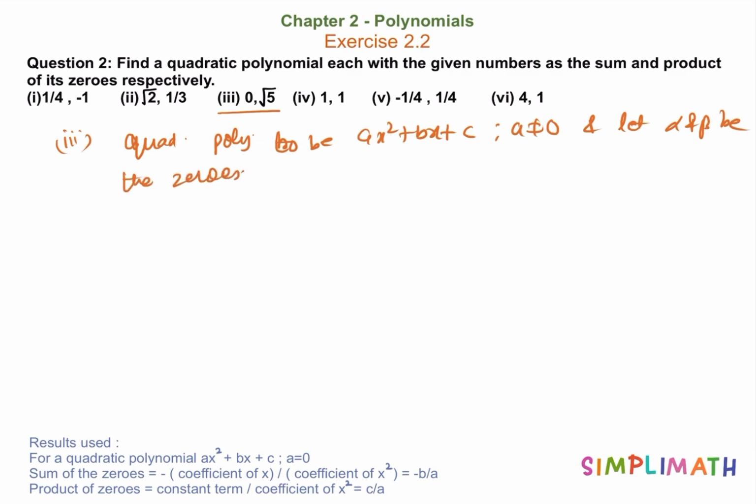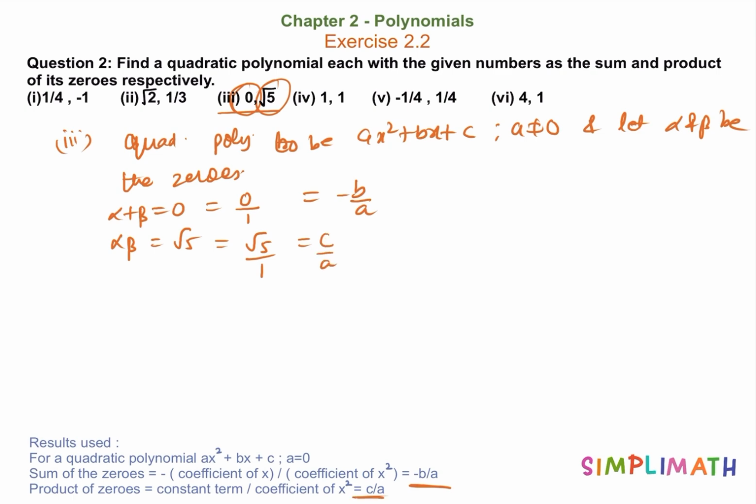Alright, so we are given the sum of the zeros is equal to 0 and the product of the zeros is equal to root 5. So I can write this as 0 by 1. I can write this as root 5 by 1. Now I know alpha plus beta is minus b by a, and alpha beta is equal to c by a.